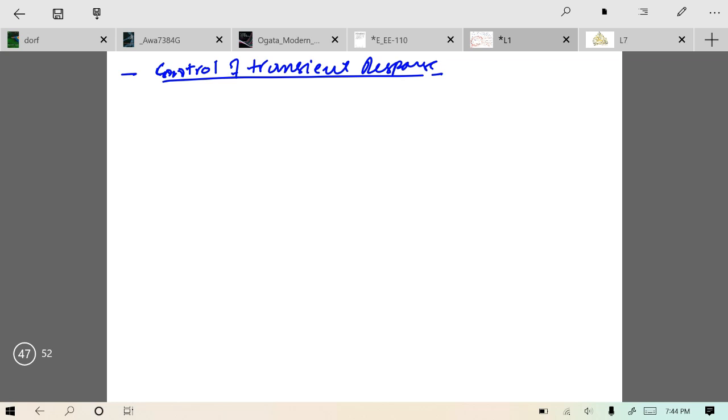At this point, I assume that you know what a transient response is: the response to a very short change in input, or the response to a signal which is very short in time duration.